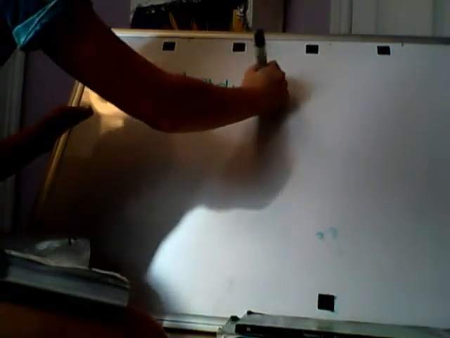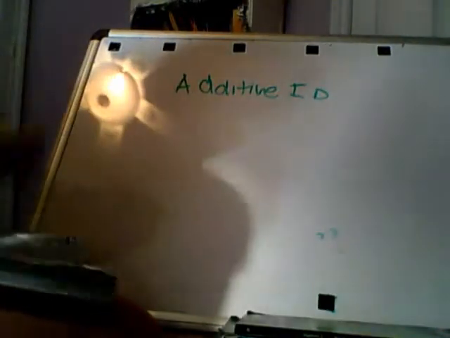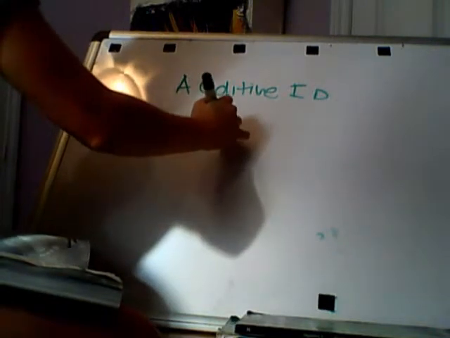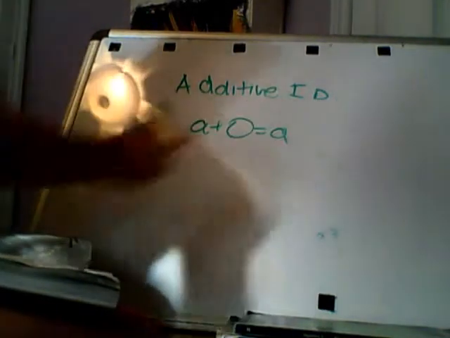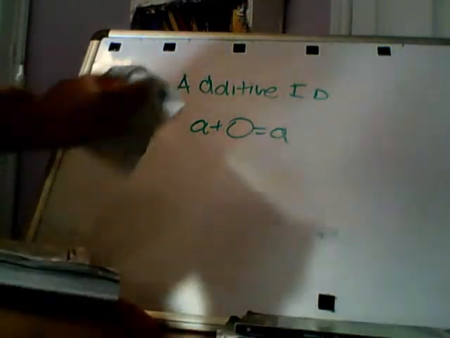Okay. The additive identity property. The additive identity property says that A plus 0 equals A. Any term plus 0 equals itself.